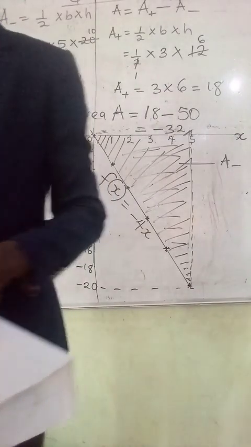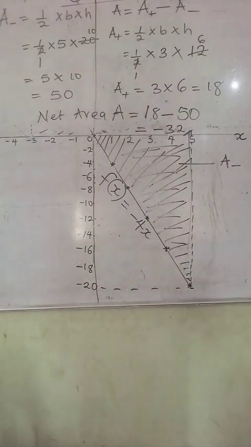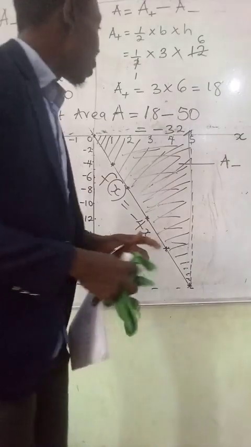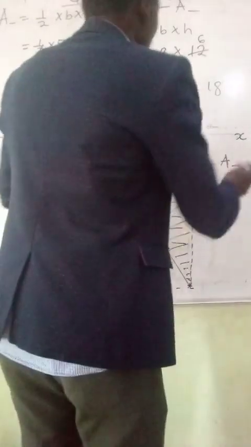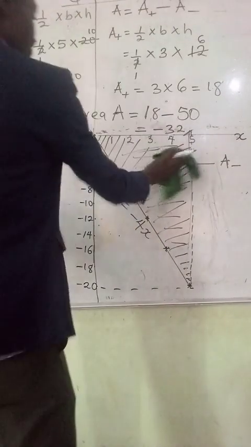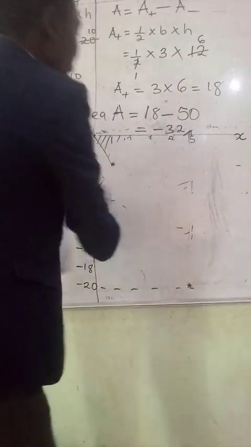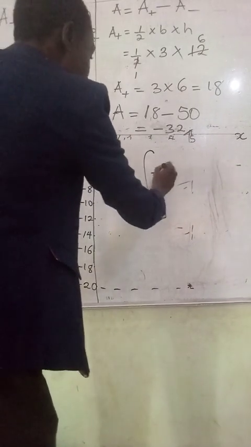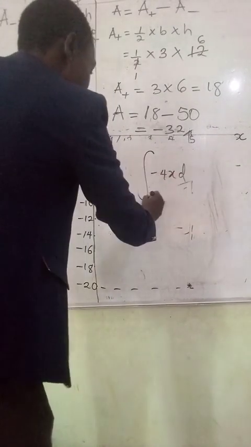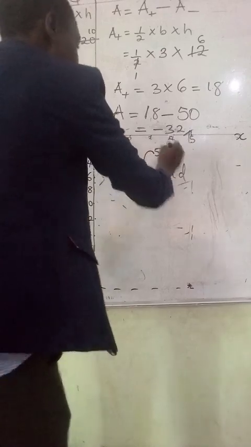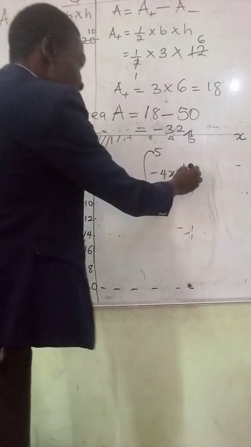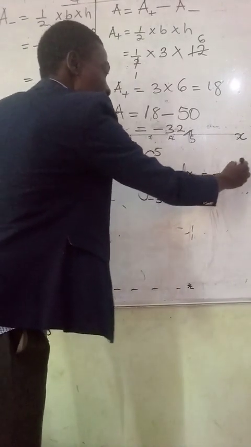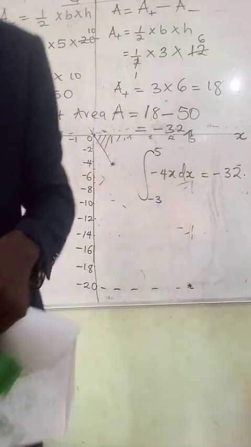If you integrate minus 4x dx from minus 3 to 5 and insert the boundary values of minus 3 to 5, you're going to have minus 32.